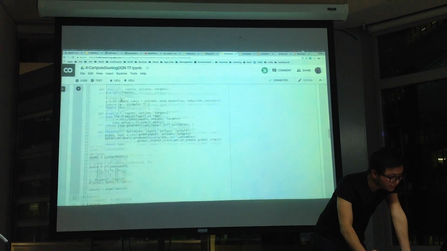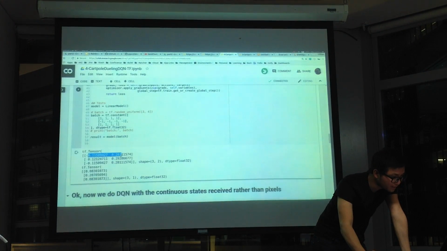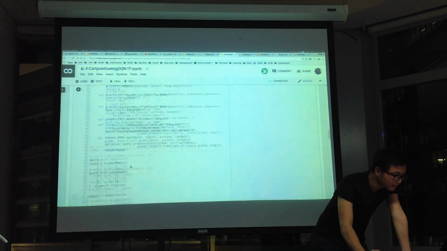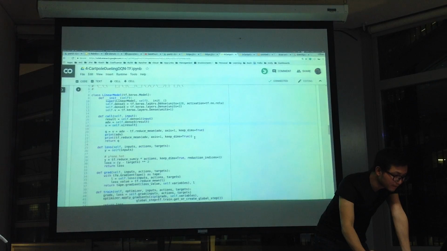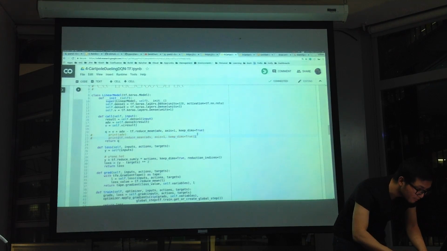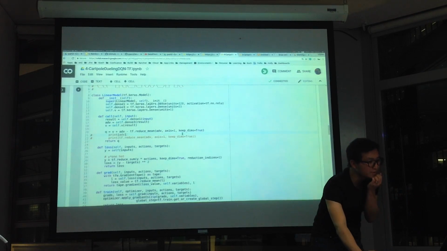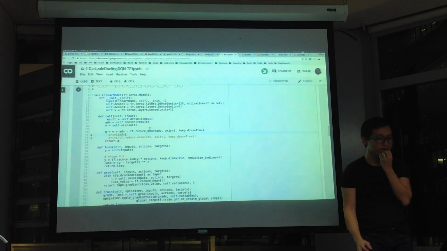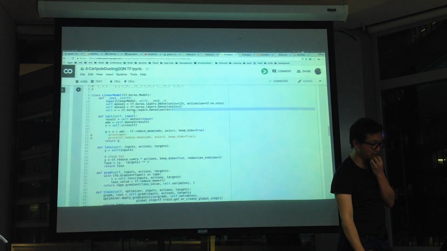If the advantage is this, then our mean is that, which is about right. So the implementation is quite straightforward, actually. That's all it is. You define your V layer.